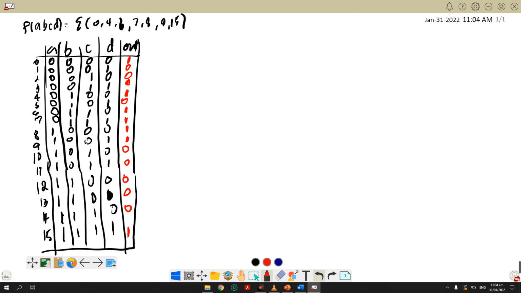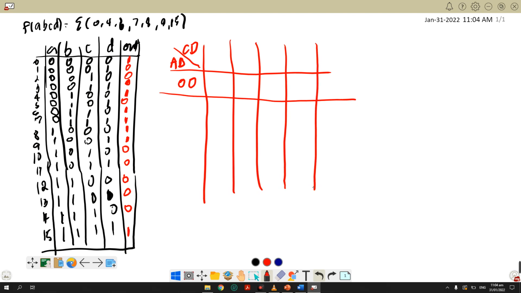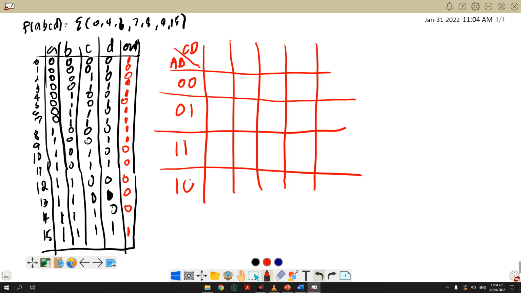Next, since there are four inputs, we will have here also a four-input K-map, A, B here, and C, D here. So we have, again, don't forget, 0, 0, 0, 1, 1, 1, 1, 0.